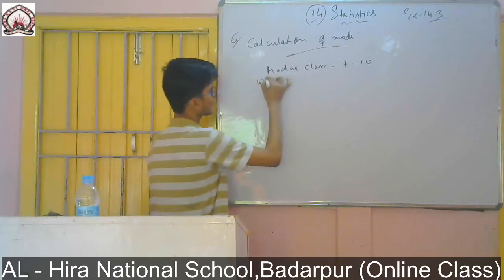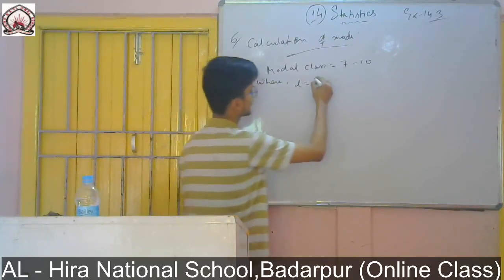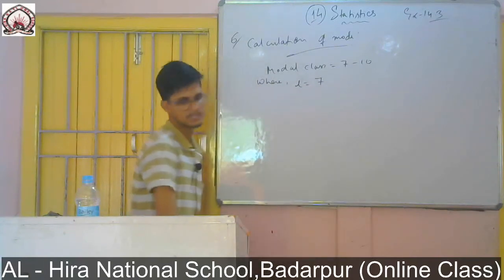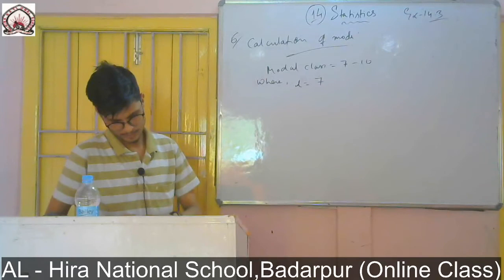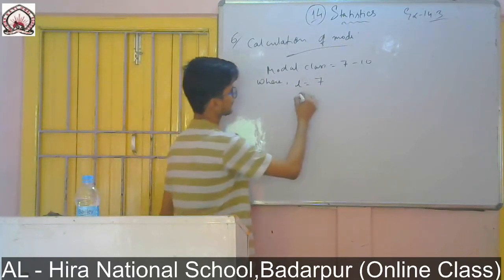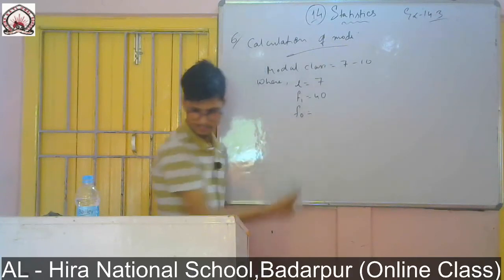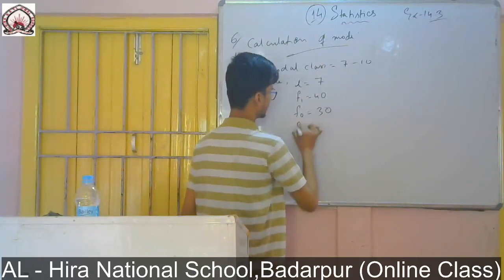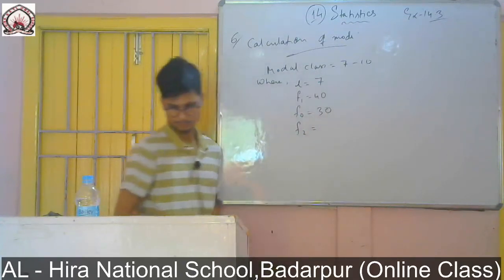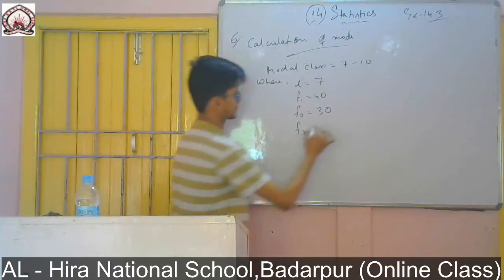Write this in full. The lower limit L equals 7, the frequency f1 is 40, f0, the one preceding the modal class, is 30, and f2, the one next to the modal class, is 16.